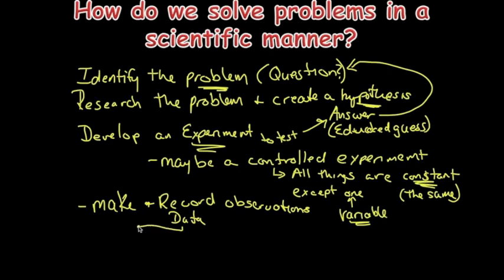Okay, there's two types of data that we're going to observe throughout this year. Okay, there's qualitative data and quantitative data. Okay, now the main difference, and you can see it in the words, is quality versus quantity.